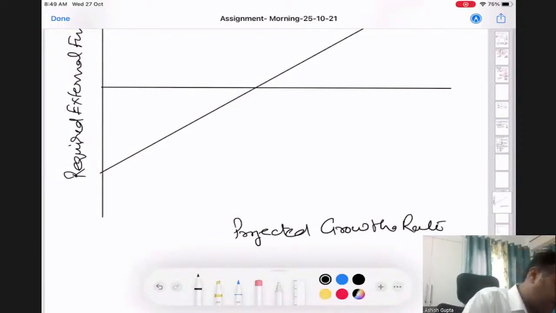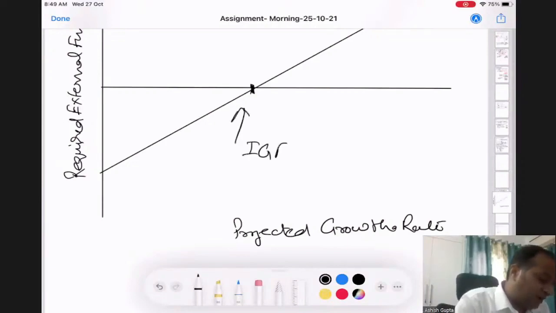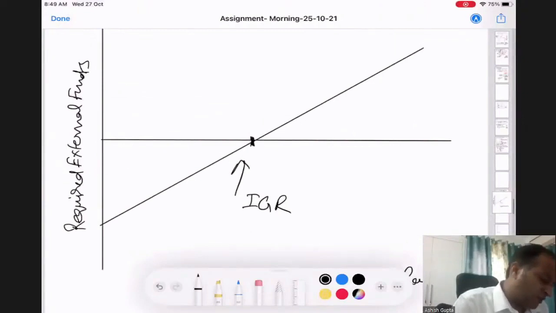See here, if my external funding requirement is below here, at this point, when I am not using any external fund, this point will be called IGR, internal growth rate. Now, if I want more growth above this, this will be the required external funding.